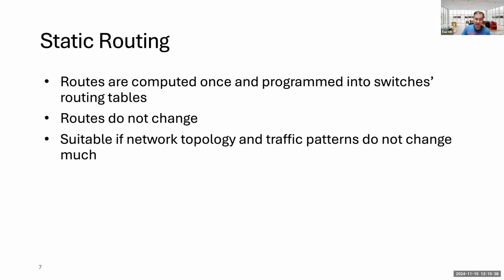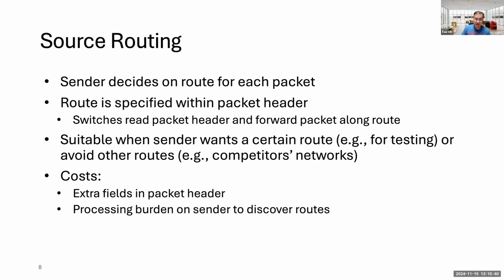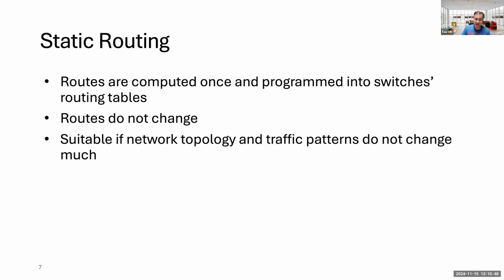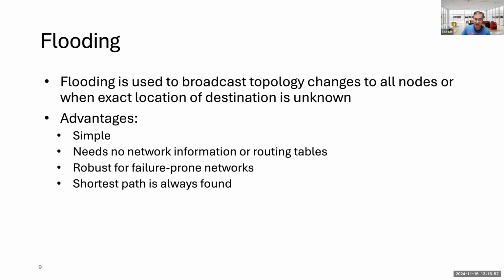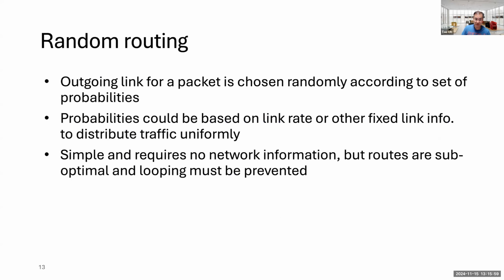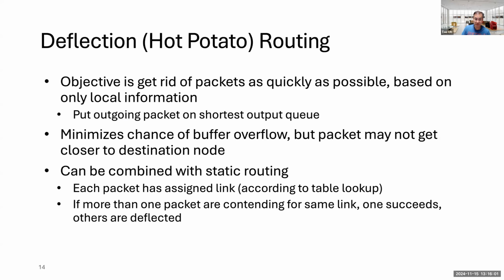Then source routing, static routing, and shortest path algorithm, particularly using source routing. It's not using this. It could use static routing initially, but in most cases it uses static routing, and not flooding or random routing or the hot potato.